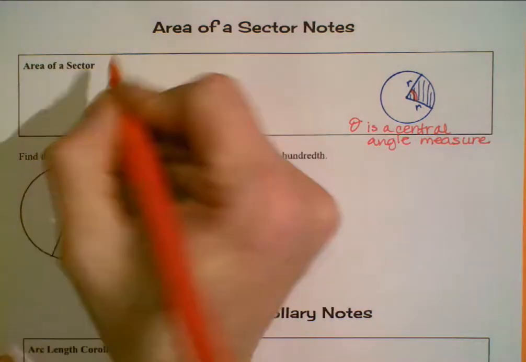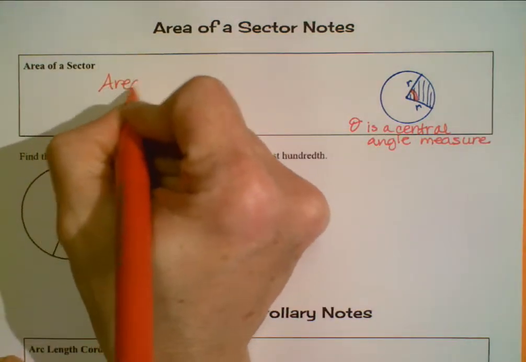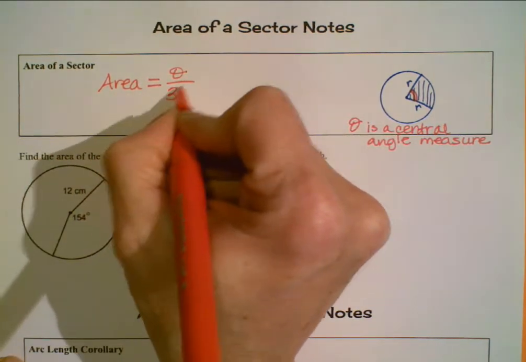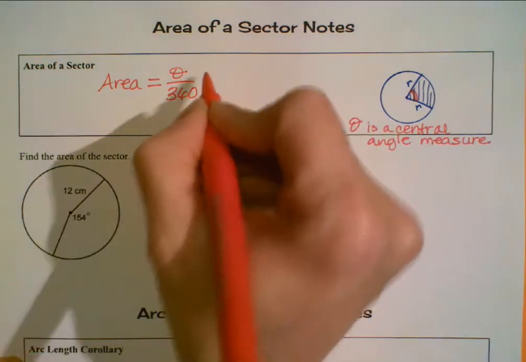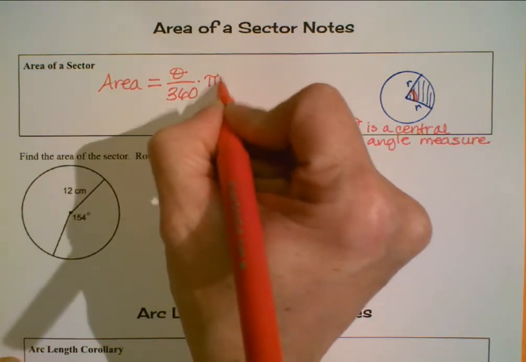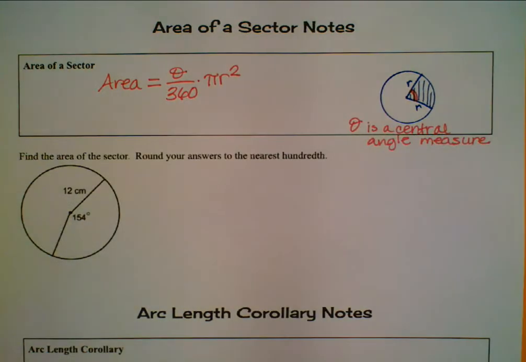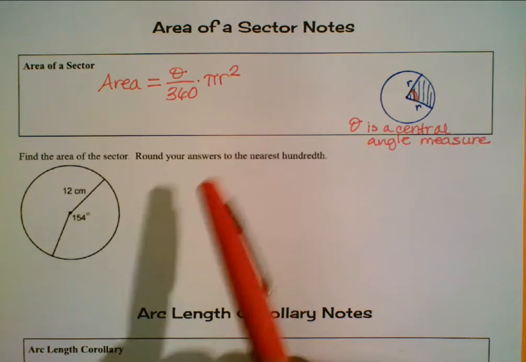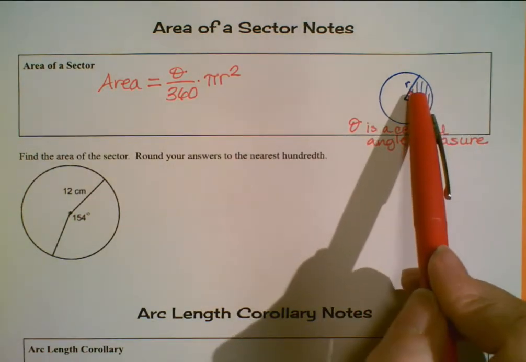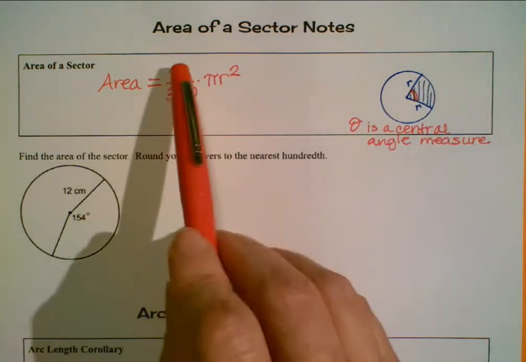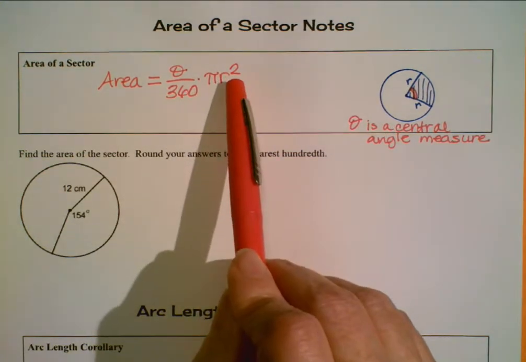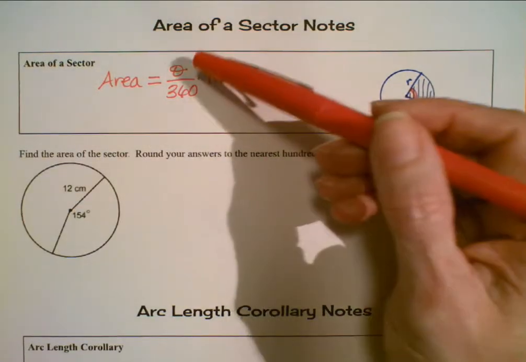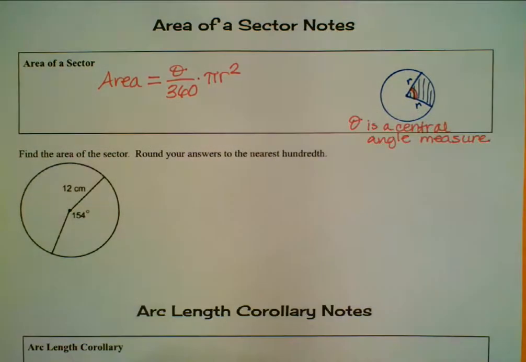So for the area of a sector, the area is equal to theta over 360, which tells us what fraction of the circle we want, times pi r squared. So it's a fraction of the area of a circle. If theta is 90 degrees, then 90 over 360 is a quarter of a circle, so this would be a quarter of the area. So whatever value theta has, we simply substitute that and the length of the radius to determine the area of the sector.